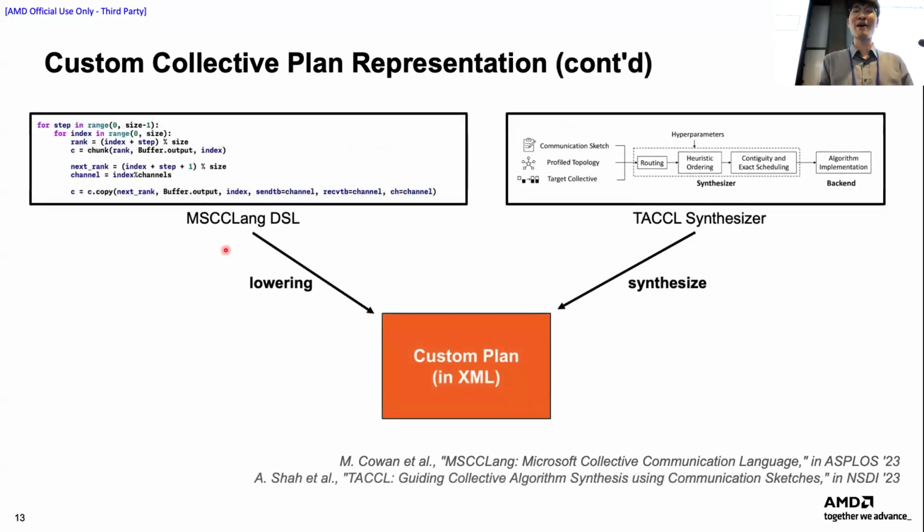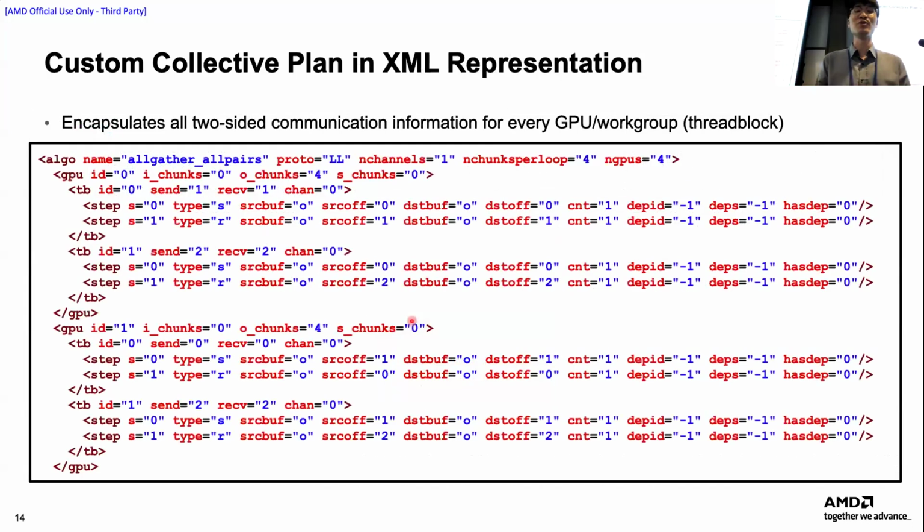As I mentioned, we have several different threads to generate the custom collective, for example the MSCCL DSL, as well as the synthesizer. When we lower or synthesize, it will generate the standardized custom plan representation in this XML MSCCL IR format. This is how the actual MSCCL IR format looks. This is an example of the MSCCL IR, where you encapsulate all the communications happening between all the GPUs, the thread blocks, or the work groups.